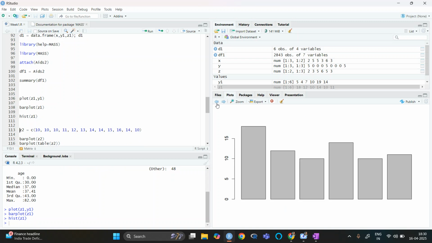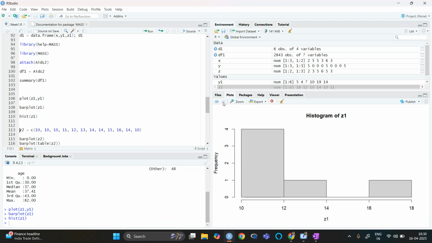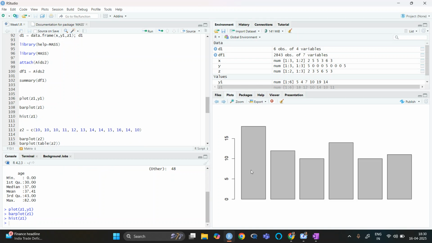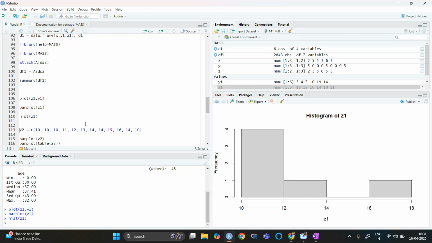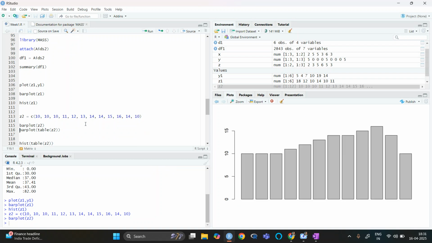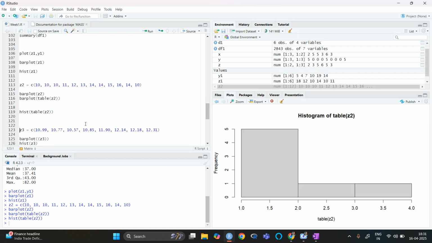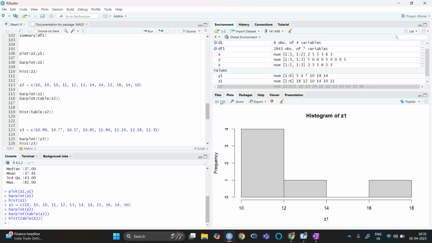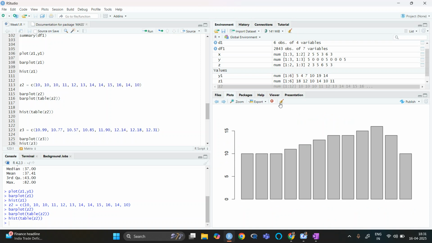Now the difference between the bar plot and the histogram is this. Let me tell you by example. Just focus on these three plots.